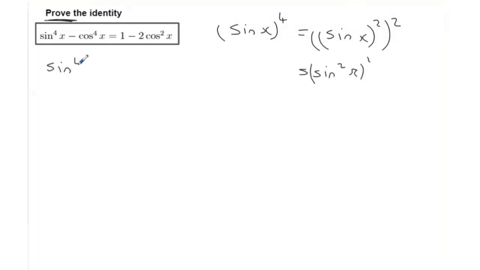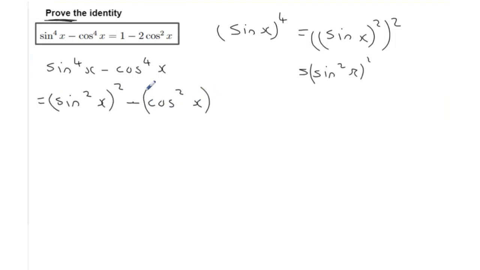Sine 4x minus cos 4x equals sine squared x, squared, minus cos squared x, squared. So now looking at this, we have a difference of two squares on our hands.